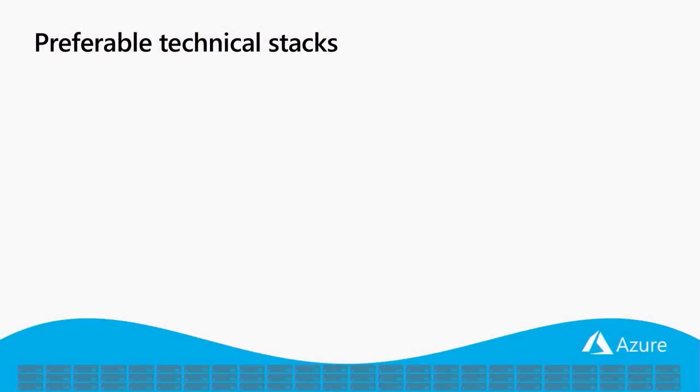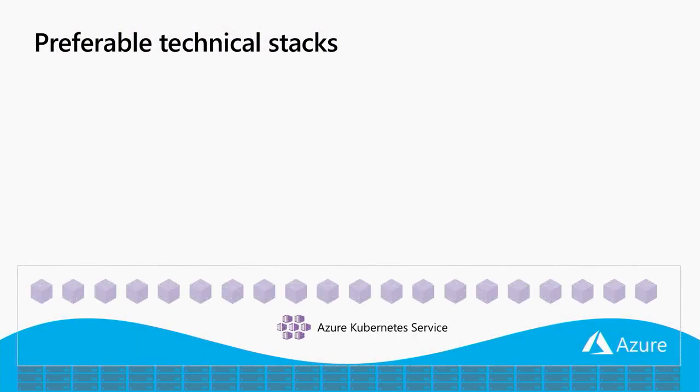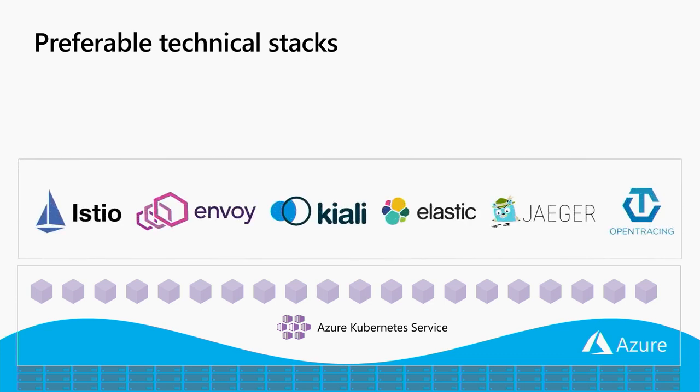So this is our preferable technical stack for now at Nasdaq. At the very bottom, we have Azure infrastructure, and we have AKS with a lot of pods. On top of that, we have a lot of open source products: Istio for service mesh, Envoy for sidecar proxy, Kiali for service mesh visualization, and Jaeger, Elastic and OpenTracing for pushing the logging all the way up into APM so that we can have a very good visualization.